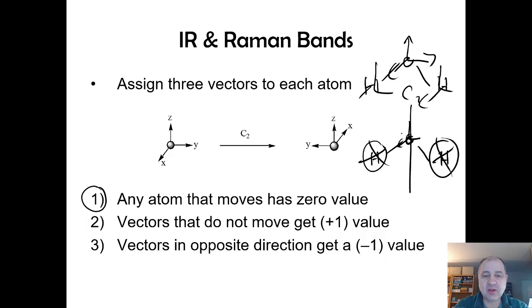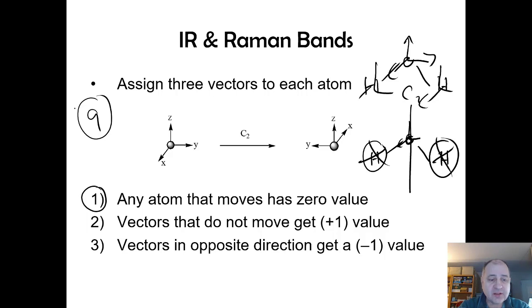Or if you have a mirror plane, you only worry about atoms that are on that mirror plane. Or an inversion center, even easier. You just worry about that single atom, if there is one, on the inversion center, because everything else moves. That's convenient. So first of all, we have 9 vectors in this case, and for the C2 operation, we only have to worry about the 1 set of vectors.